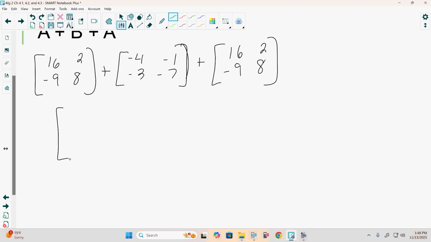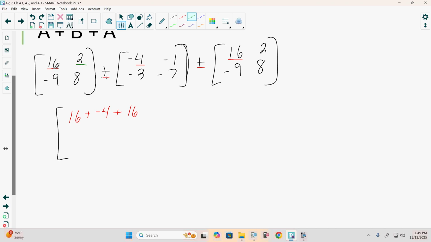Now we can do this two at a time, but again, we're adding and subtracting the corresponding elements when we add or subtract matrices, yes? So that's still true if I add 3, isn't it? So really, I'm going to be at 16 plus negative 4, yes? And then we're adding to it 16. I'm just taking that first element in each and we're adding or subtracting. Since it's just addition all the way through, we're just adding those three.